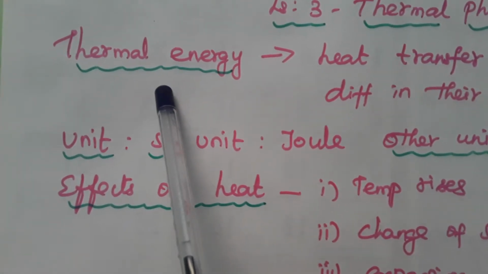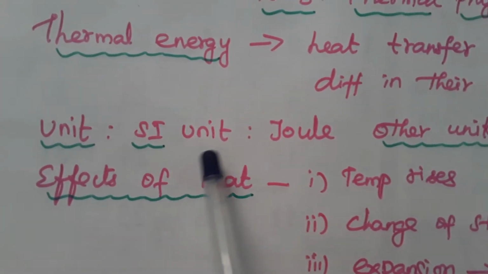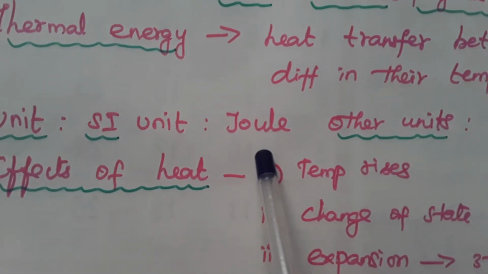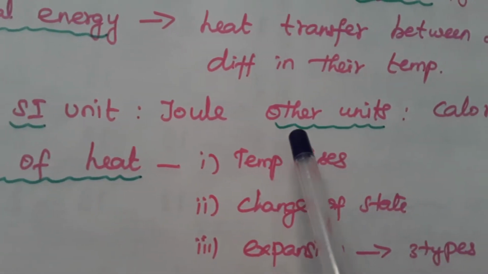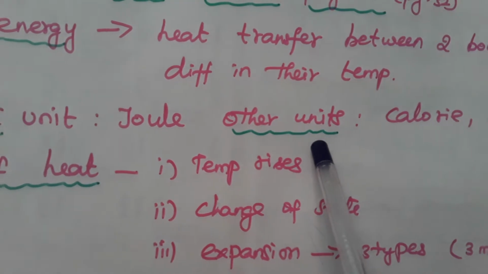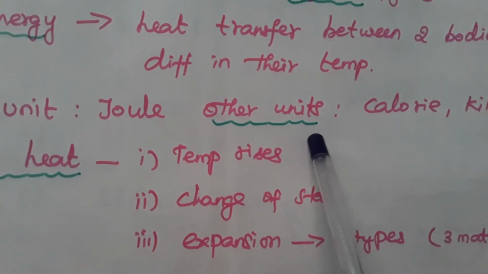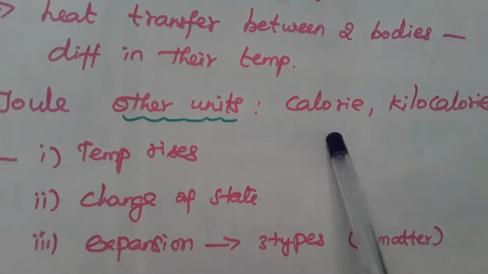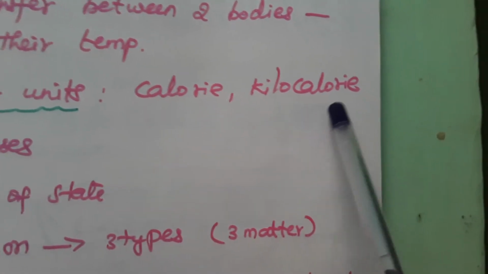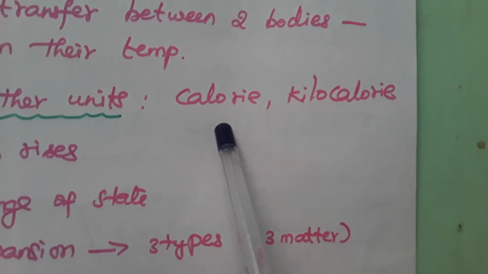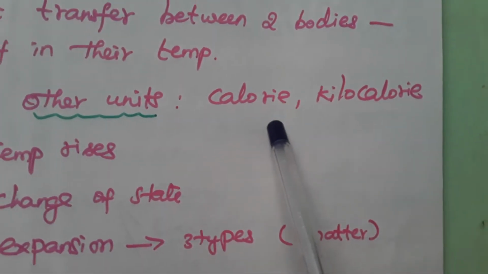What are the units of thermal energy? The SI unit of thermal energy is joule. In our daily life, we are using other units also. What are the other units of thermal energy? One is calorie, the other one is kilocalorie. Define calorie. What is calorie?